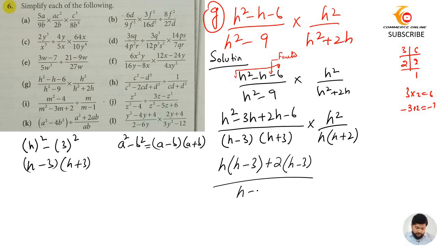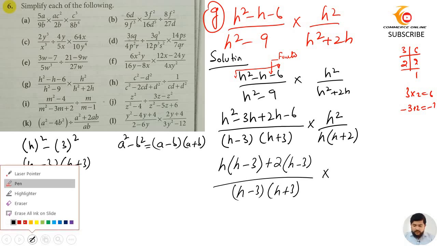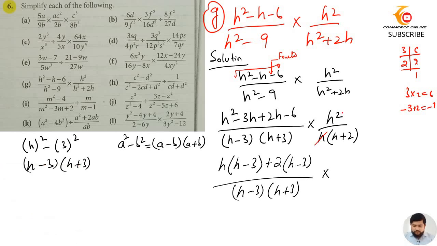And now h minus 3 and h plus 3 multiply by, now this h can be cancelled with this h square, so the remainder will be h and h plus 2.